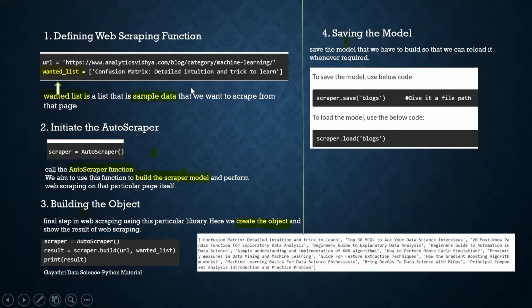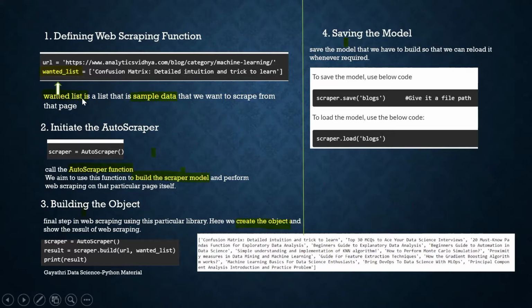You can just mention the names of the items that you want from that particular website. You can create a wanted list from one particular product, and then you can automate the process for all the elements that are present in the website. So that is the importance of creating a wanted list in the Autoscraper function.